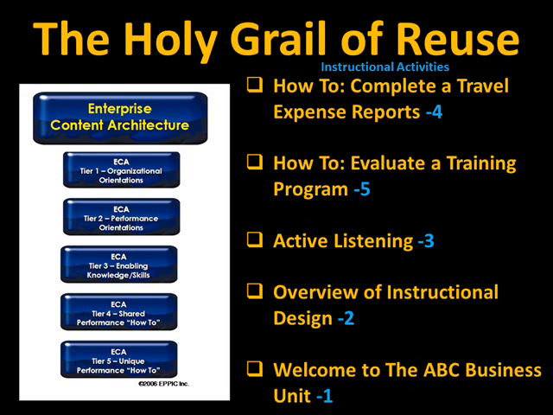Active listening, good since the days of Socrates, just avoid that hemlock stuff, is an enabling knowledge and skill, and therefore you would find that content in Tier 3. An overview of instructional design, if you thought of that as the tasks and outputs of instructional design, would be found in Tier 2 of the enterprise content architecture and the 5-tier inventory structure.